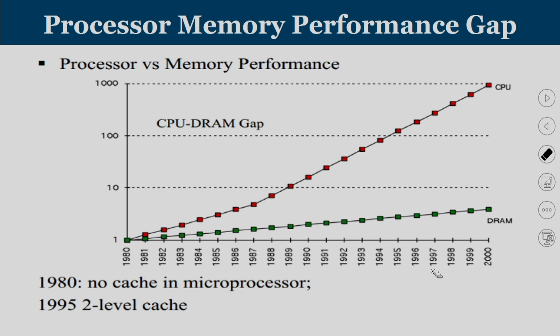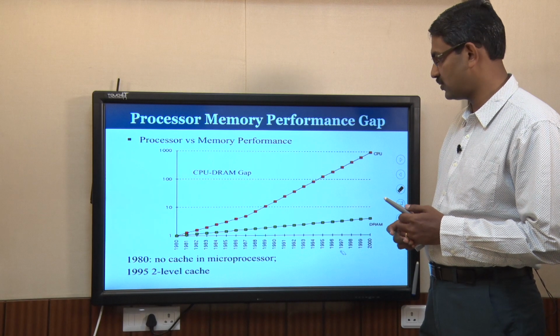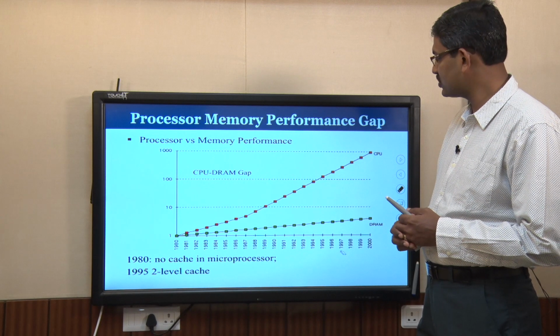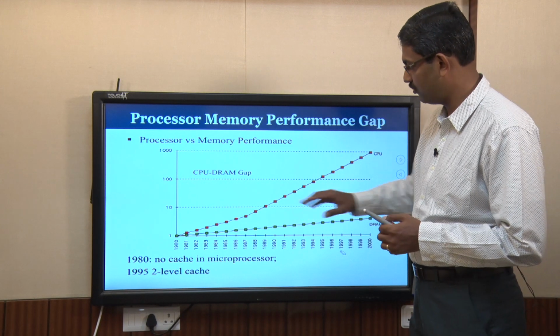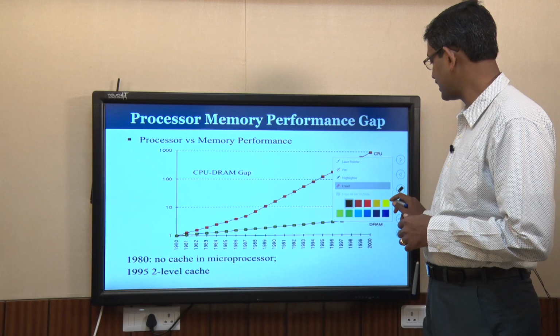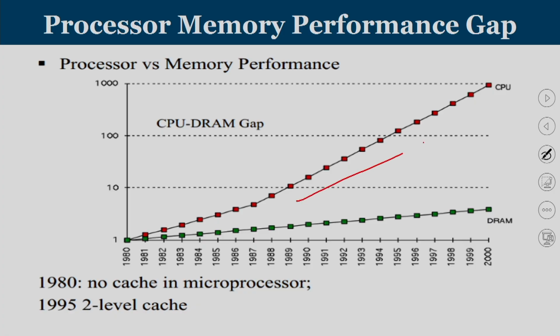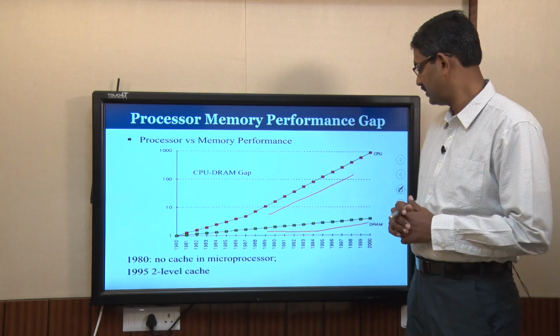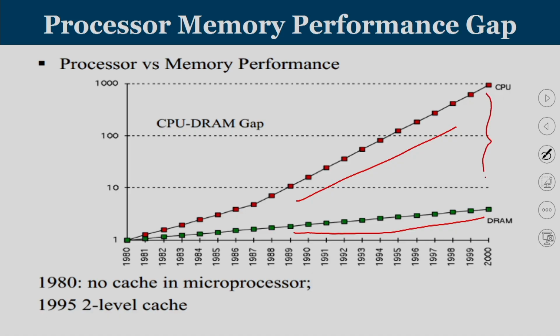You can see that across the years from 1980 up to 2000, the performance of CPU has drastically improved, whereas the performance of memory, even though it is improving, is not improving at the same rate as that of the CPU. This led to a widening of the gap.